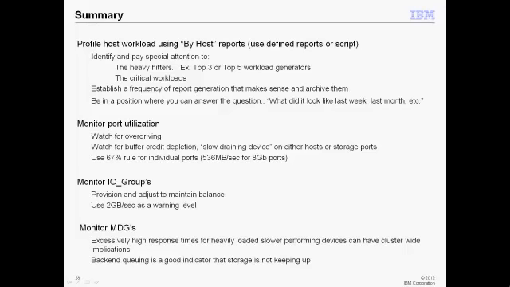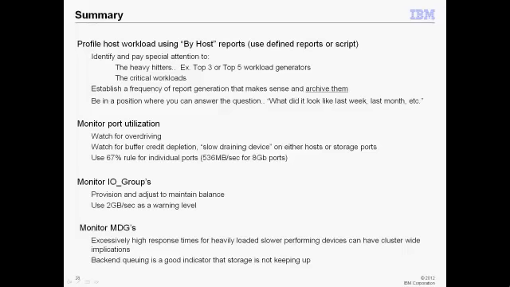Establish a frequency of report generation that makes sense and archive them. Be in a position where you can answer the question, what did it look like last week, last month, etc. Monitor port utilization. Watch for overdriving. Watch for buffer credit depletion on either hosts or storage ports. Use the 67% rule for individual ports.